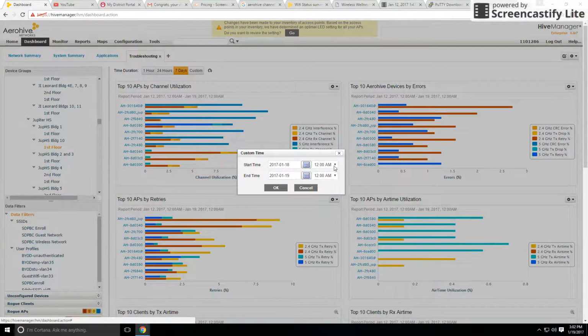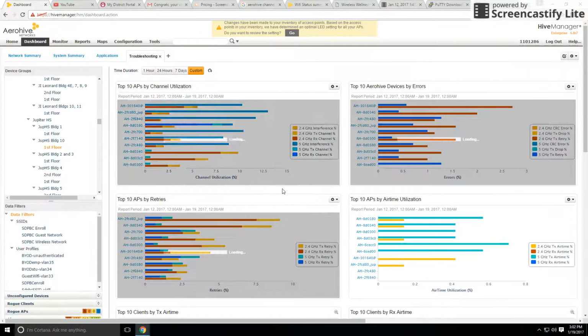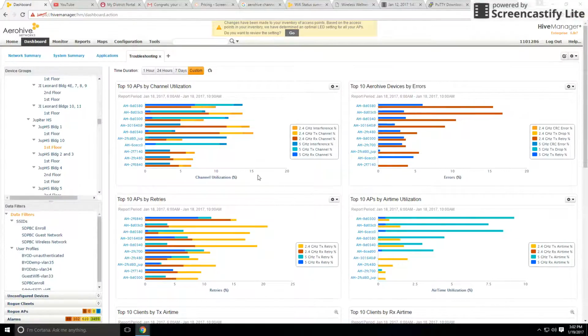So it was from 6 on the 18th to 10 on the 18th. So again, we've got the same airtime utilization graph. We've got the same errors graphs.